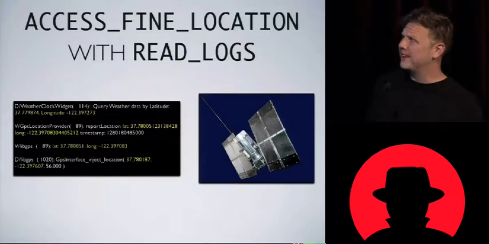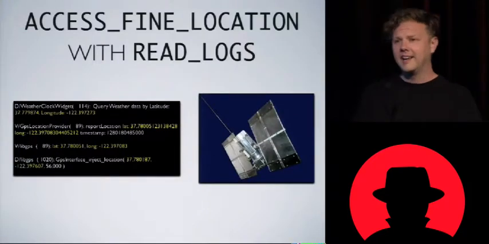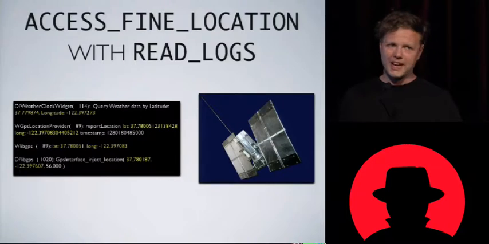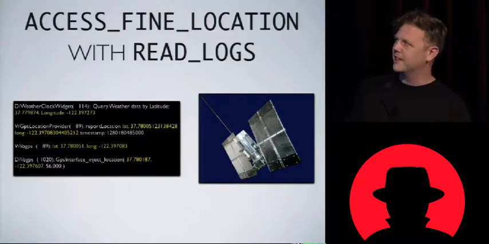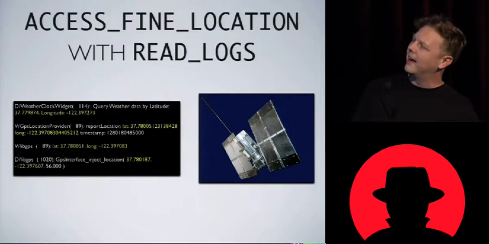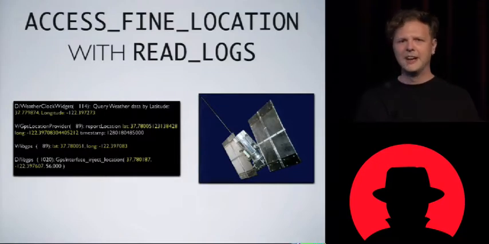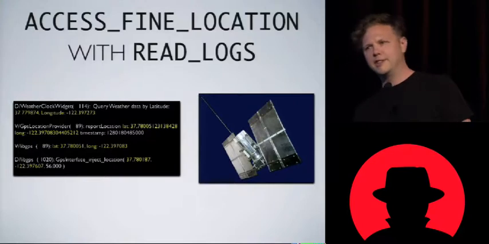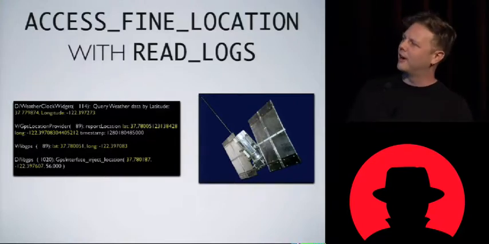But we can actually do better than that. Because as it turns out, why settle for coarse location? We can actually get fine location. Again, these are things that vary from handset to handset, but we found a number of trace pieces of data that you can use here. That same clock and weather widget that I was talking about actually logs full-on GPS data on a lot of devices.